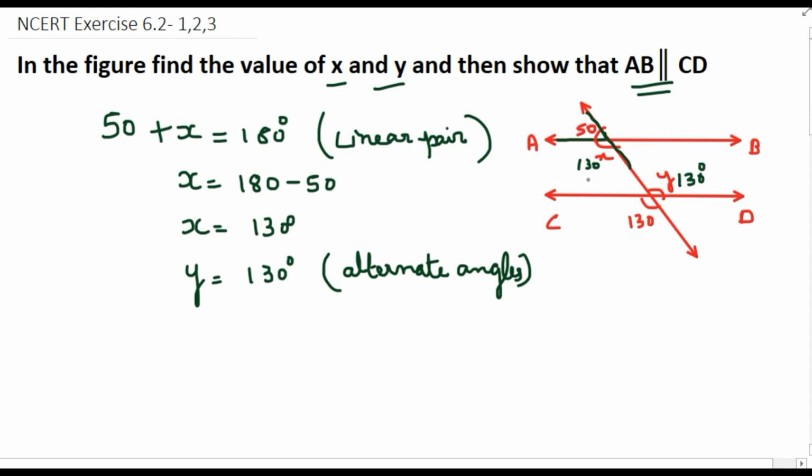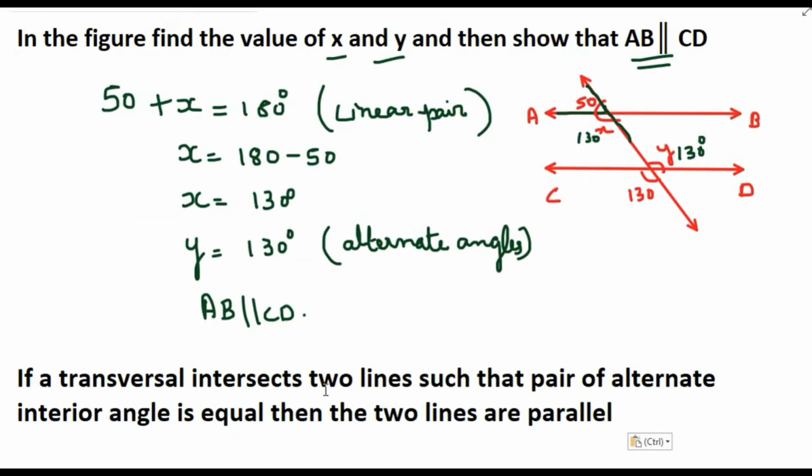So we can say that AB is parallel to CD. So we can also say that if a transversal intersects two lines such that a pair of alternate interior angles is equal, then those two lines are parallel.